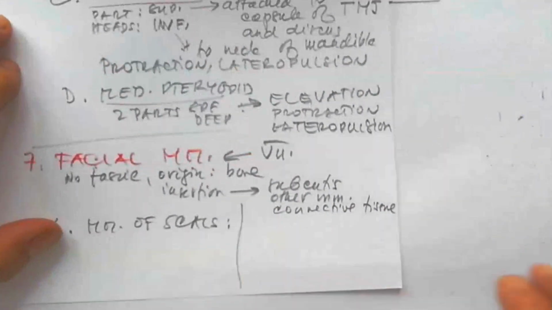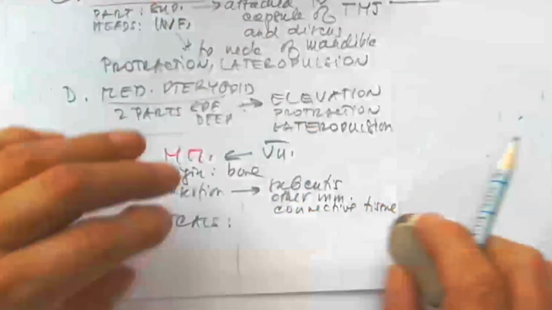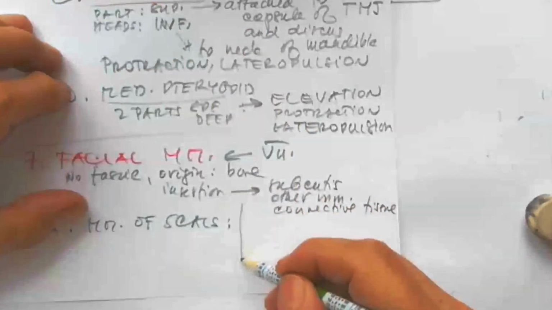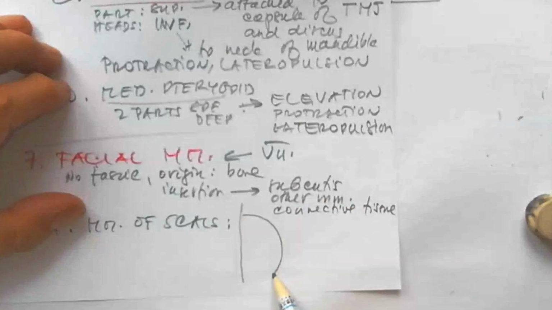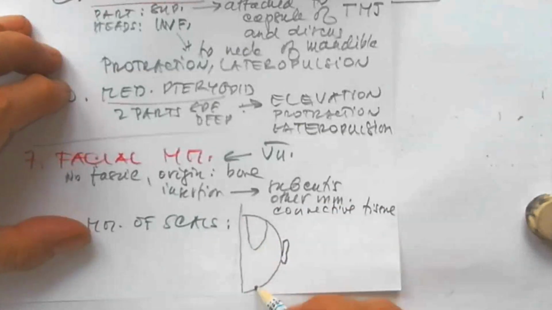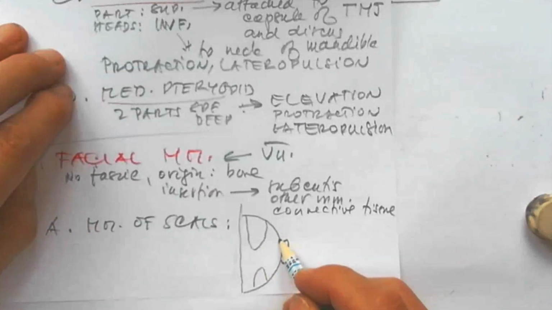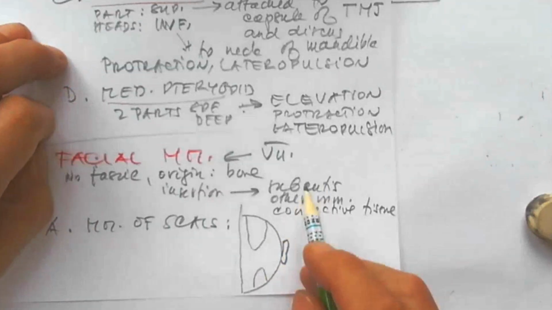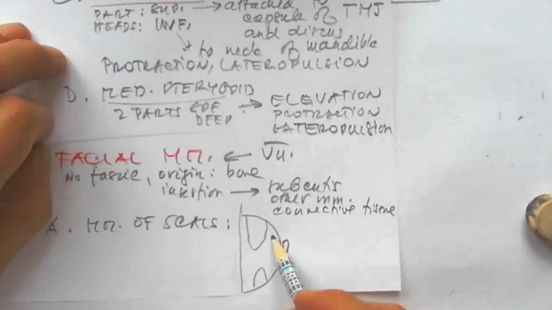Maybe we don't need an extra diagram, but a sketch is not wrong. Auricle, frontal belly, occipital belly, and then the temporoparietal portion.